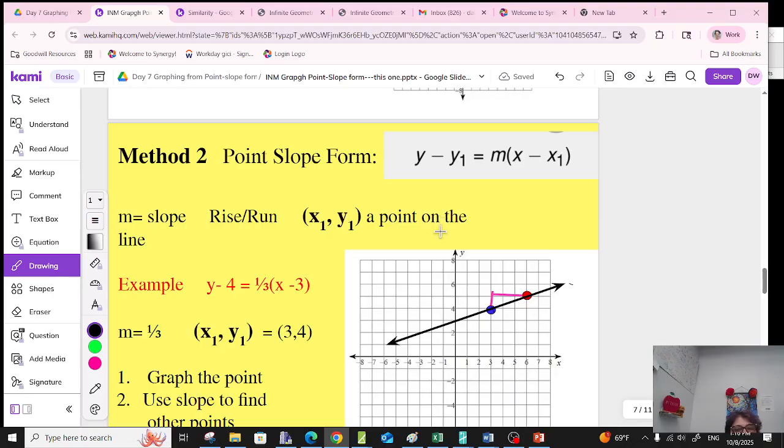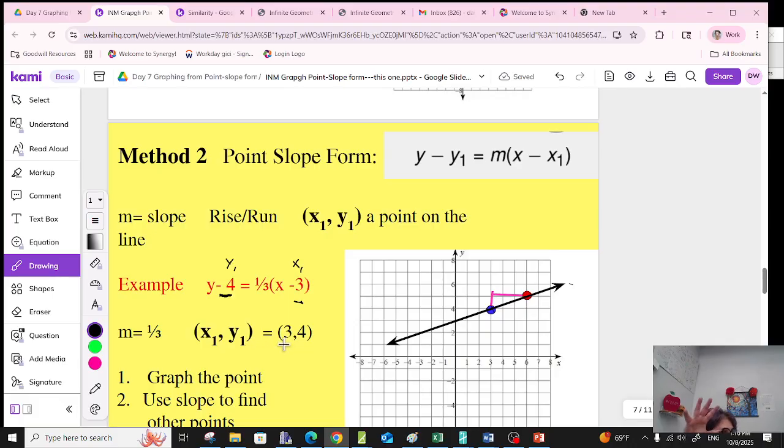Method 2 says, oh, I know there's a point and I know there's slope. So I'm just going to pull the point from the equation. So if here's the point, this would be the y value of y1. This would be the x value, but you have to change the signs.